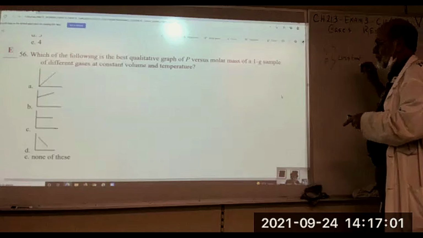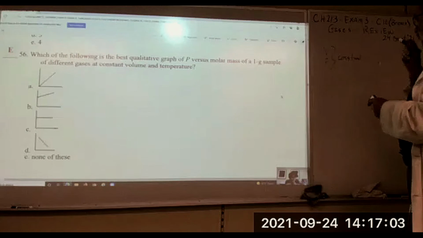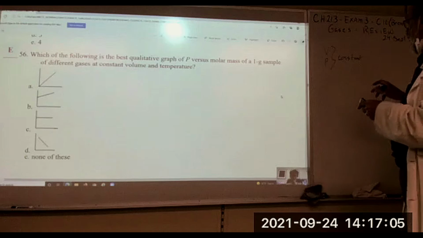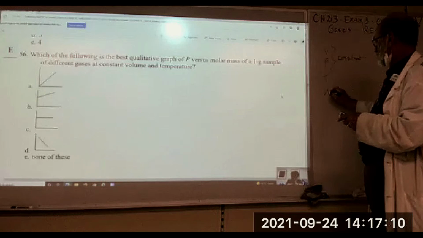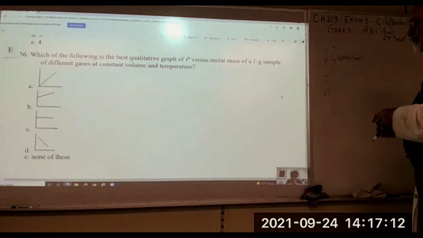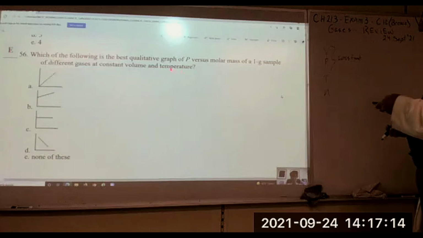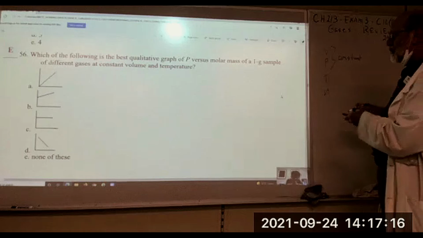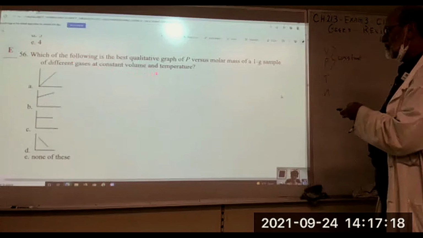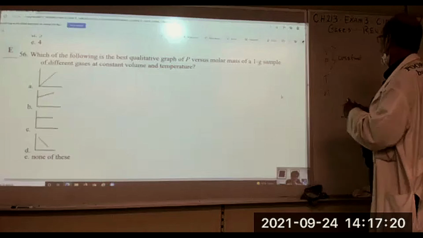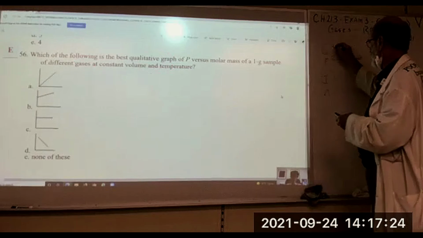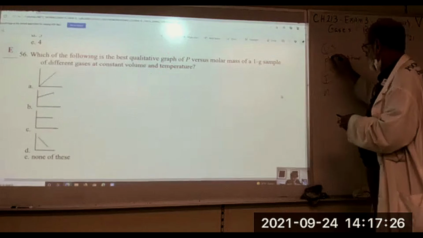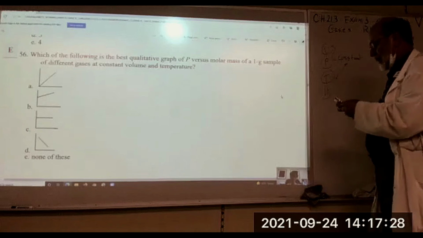That's important. So that means what other variables do we have? Temperature and moles, correct? Oh, temperature, excuse me. No, I'm sorry. Temperature and volume, constant. These two vary. Okay.